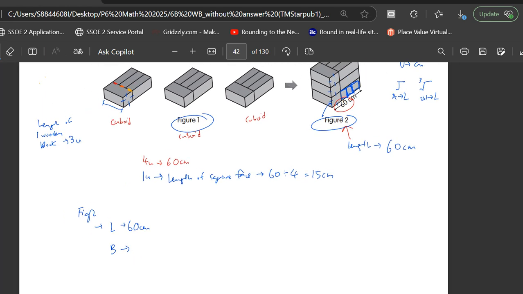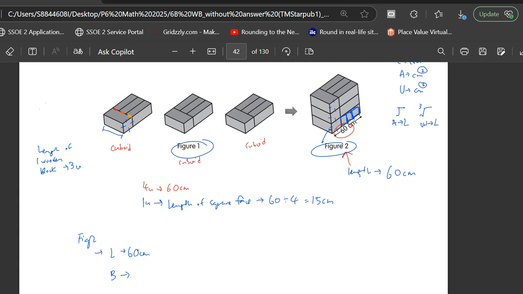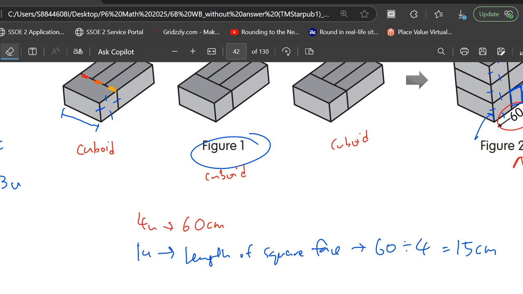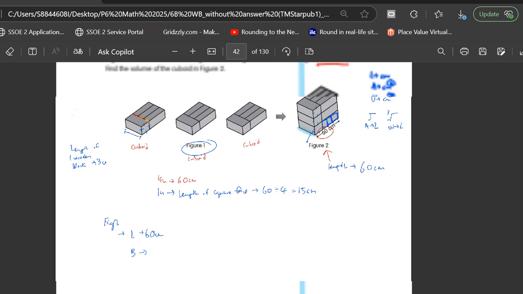What is the breadth, everybody? Breadth. You know what's the breadth, right? The breadth is here. 15, thank you. 1 unit is 15, so 3 units is 45. Okay, 45.